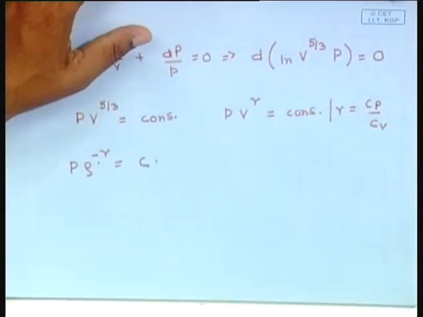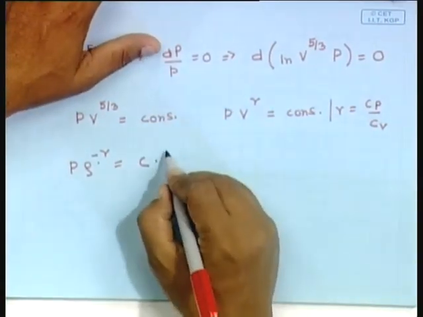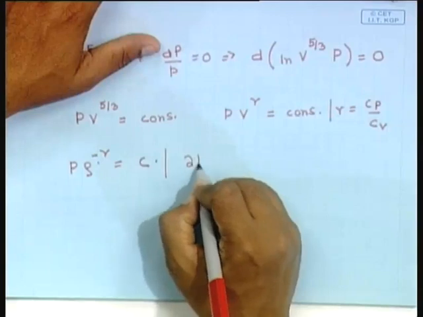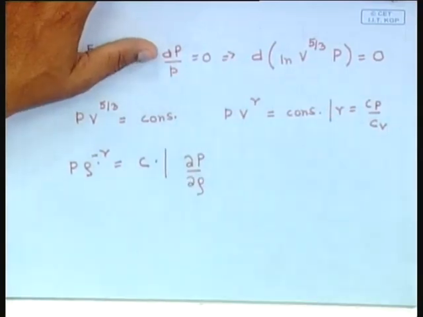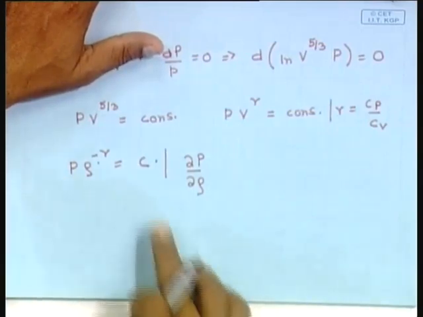C is a constant, not the speed of light here, which allows us to calculate ∂P/∂ρ for an adiabatic process. So all you have to do here is differentiate this.